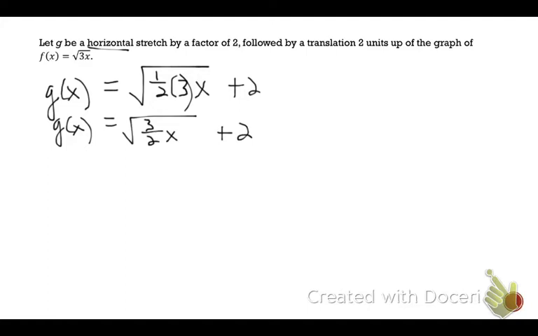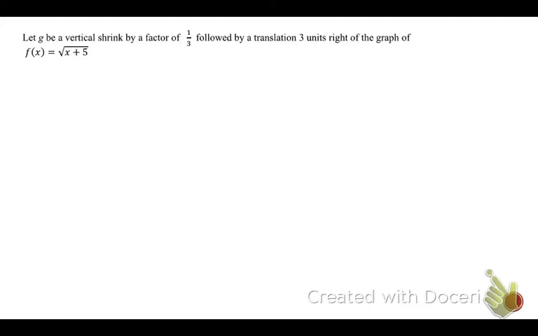Okay, and then finally, we want our g function to be a vertical shrink. So our multiplier is going to be outside, and we are transforming this function here. So vertical shrink by a factor of a third, followed by a translation 3 units right. So we're going to subtract 3.